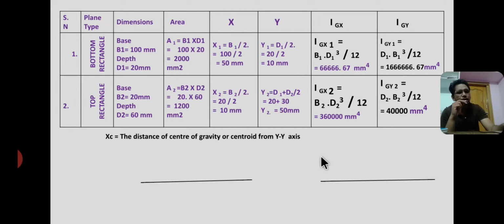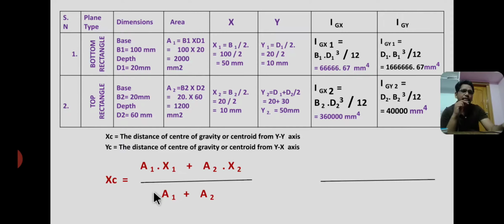First of all you have to locate the centroid. From standard formulas, xc is the distance of the centroid or center of gravity from the y-axis, and yc is the distance of the centroid or center of gravity from the x-axis. From the general expression, xc equal to a1 x1 plus a2 x2 by a1 plus a2. Here a1, a2 are the individual areas.